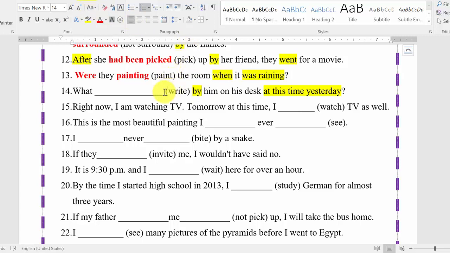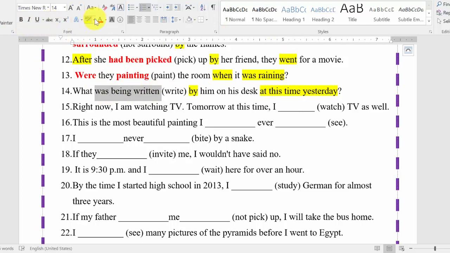Past continuous passive voice: was, were, being, PP. So your answer: we cannot count "what", so we choose was. What was being written by him on his desk?